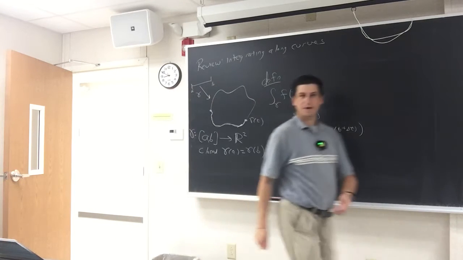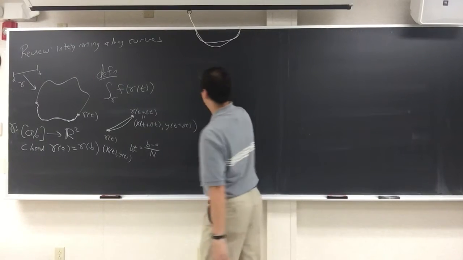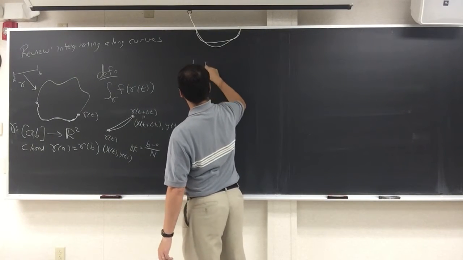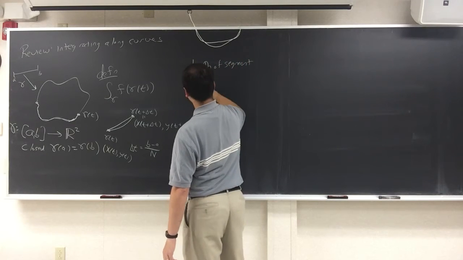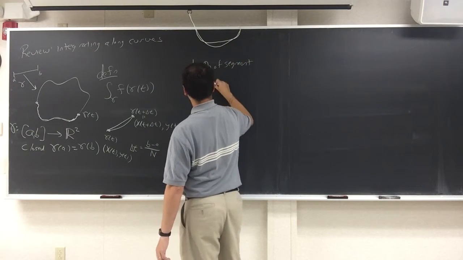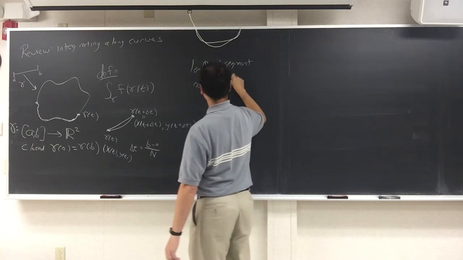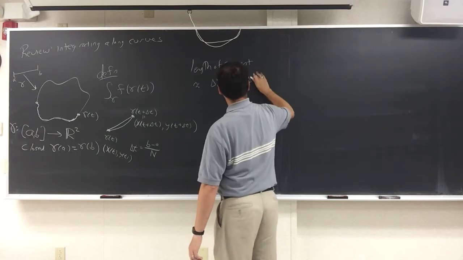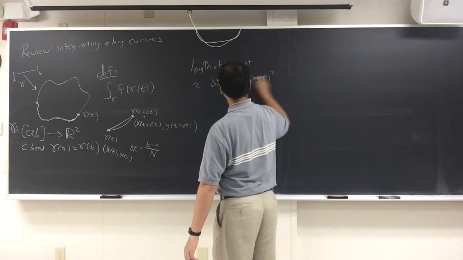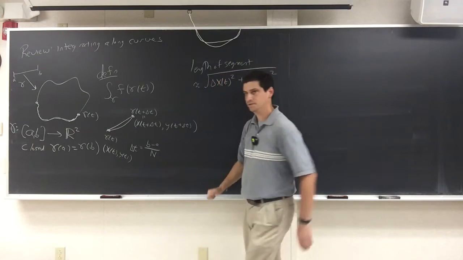Good, so basically it's the Pythagorean Theorem. So the length of the segment is going to be approximately the square root of the change in x of t squared plus the change in y of t squared.